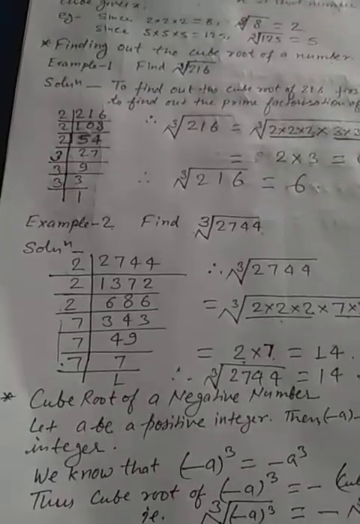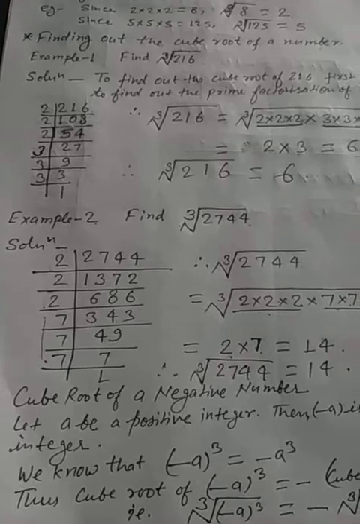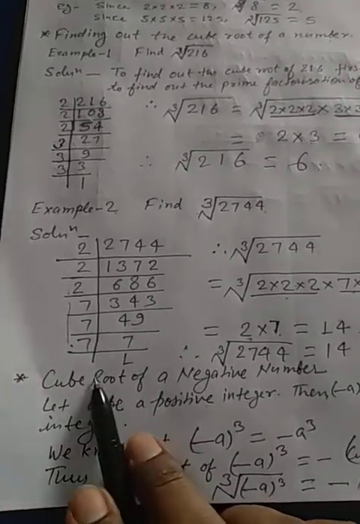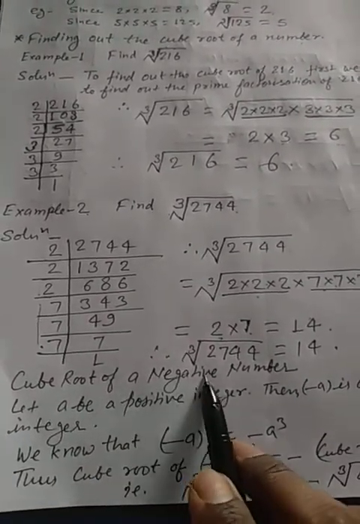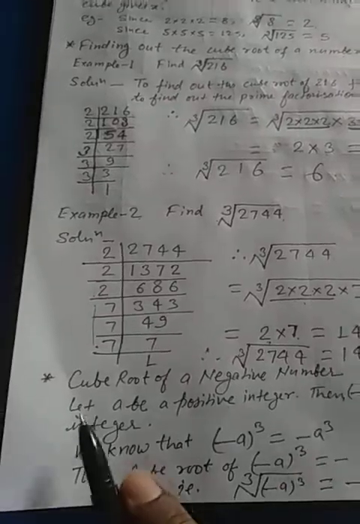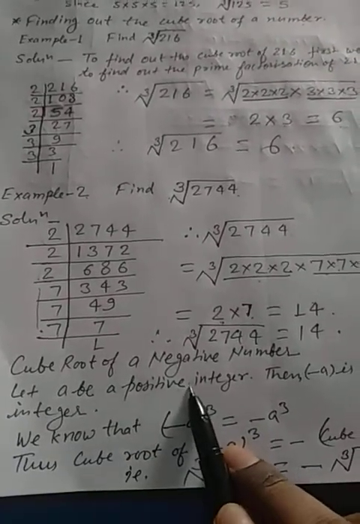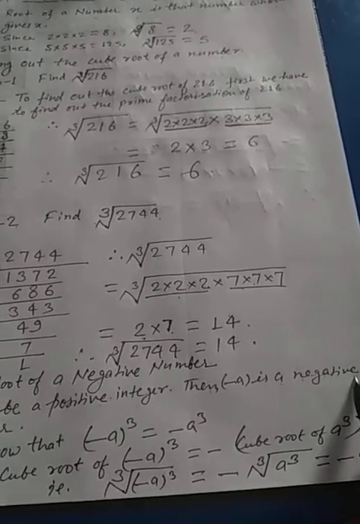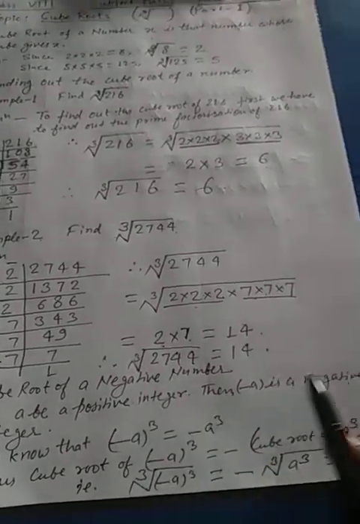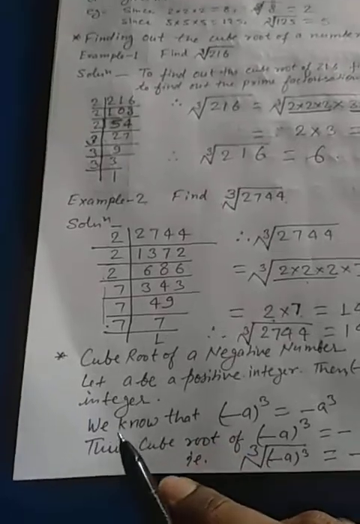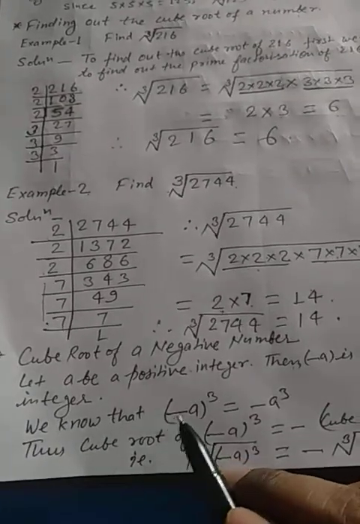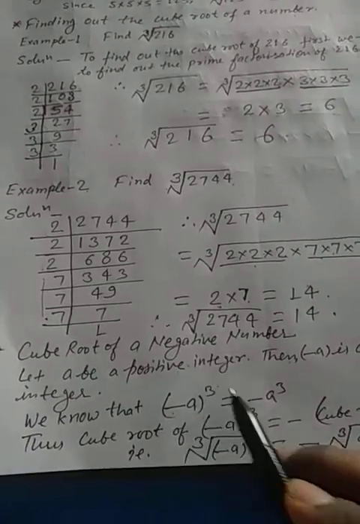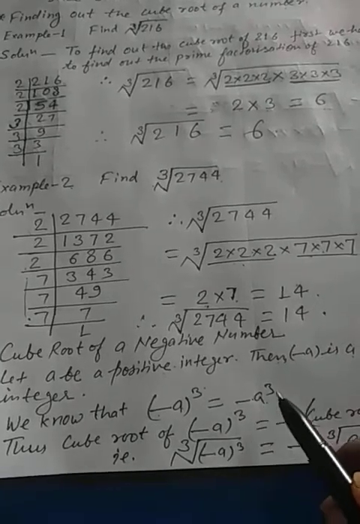Now we have to talk about the cube root of a negative number. Let a be a positive integer. Then minus a is a negative integer. For example, if 10 is positive, then minus 10 is negative. We know that (minus a) whole to the power 3 can be written as minus a to the power 3.